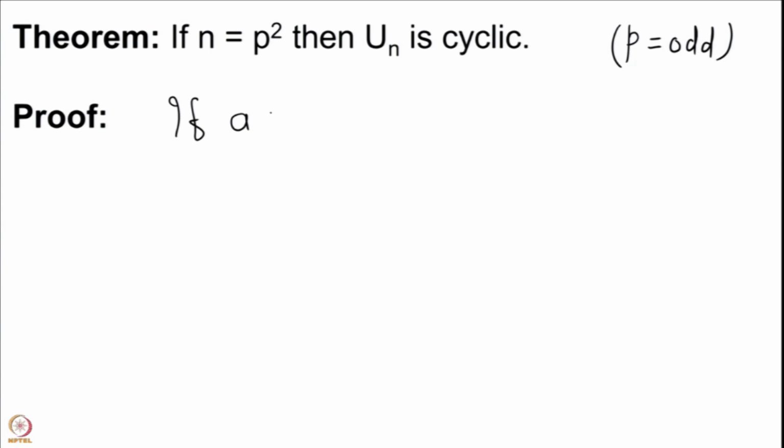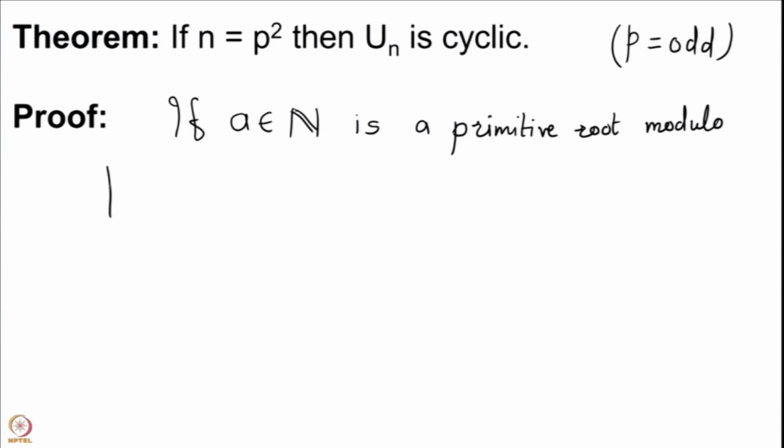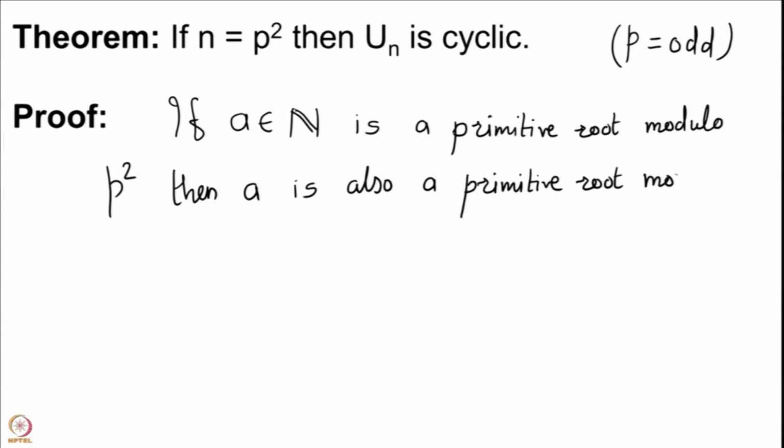If A in the natural numbers is a primitive root modulo p^2, then A is also a primitive root modulo p. This is a basic statement.